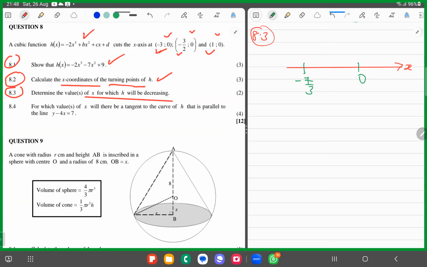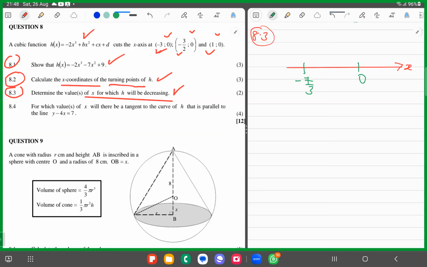Okay, now what is the meaning of all these things here? We're going to have this. Right, so you need to look at the derivatives of this and look at where this is decreasing, where the derivative itself is negative.